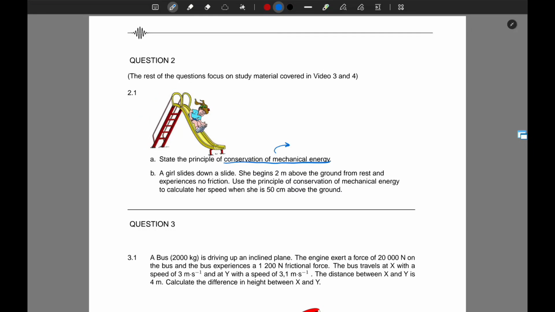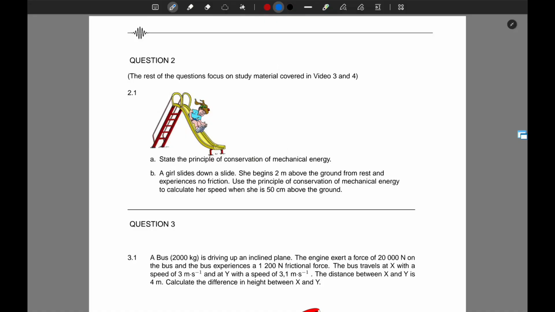So if conservative forces like gravity are acting on the system, when the girl is at the top of the slide, she has maximum potential energy and no kinetic energy because she's not moving. And then at the bottom, she has max kinetic energy, aka the fastest she moves is at the bottom, and no potential energy because there's no height. So there's no potential energy to be had.